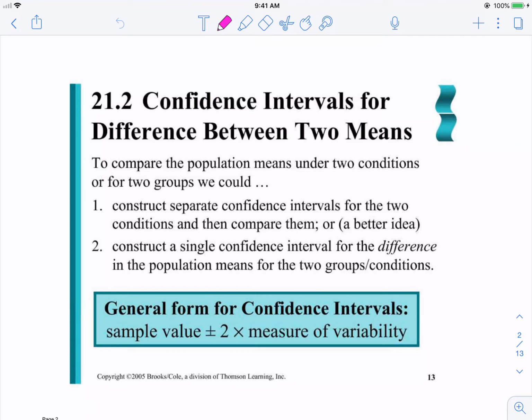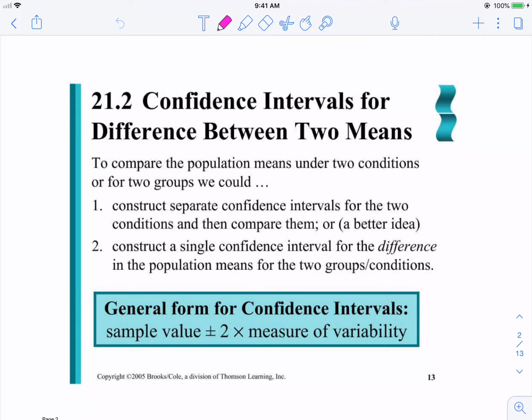We noticed that those two confidence intervals did not overlap each other. So the conclusion was if there's no overlap, then there's no place where they could be the same. That means any differences that we observed between those sample means is a significant difference.